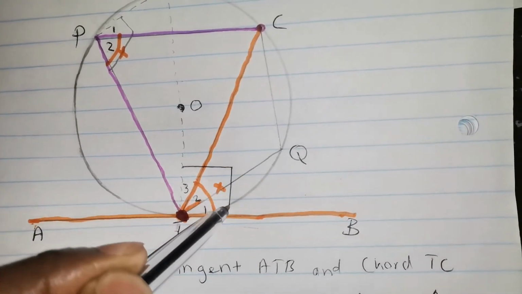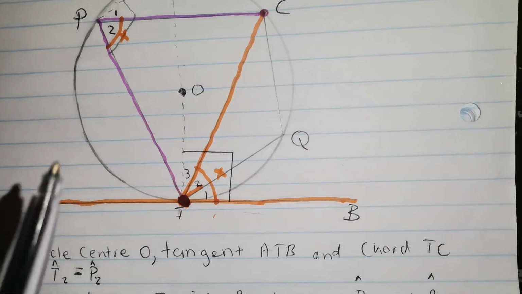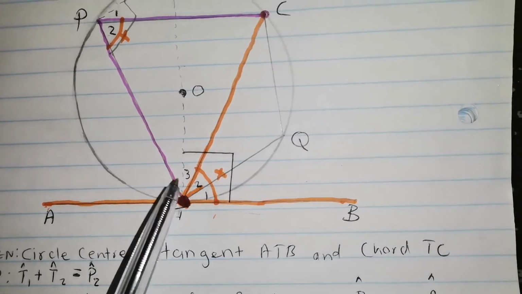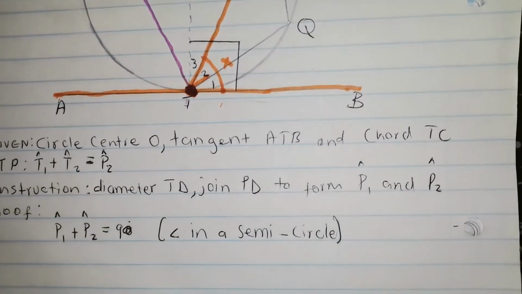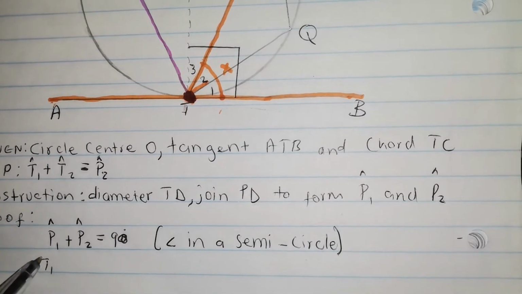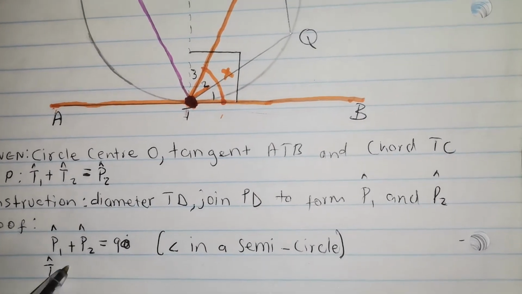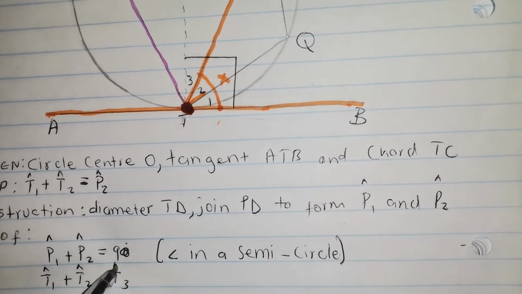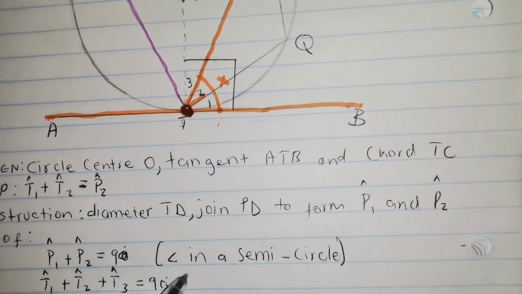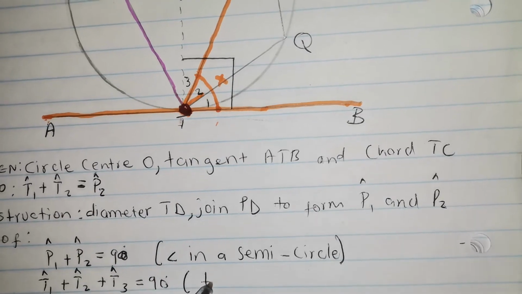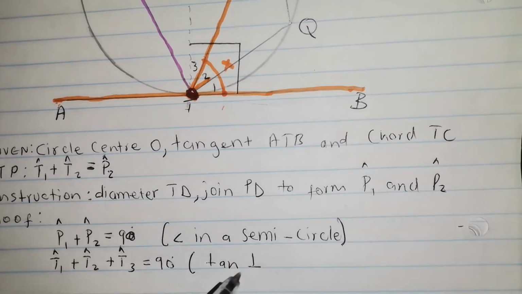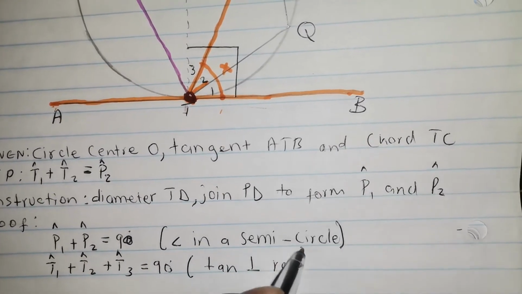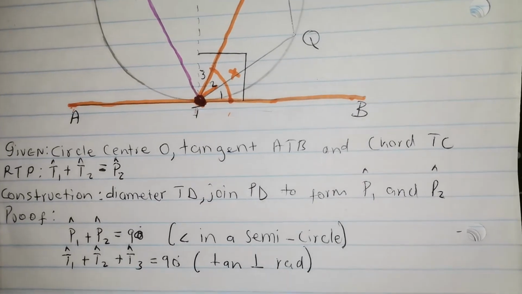If you didn't watch the video, go and watch it to understand why we say T1 plus T2 plus T3 equals 90 degrees. So T1 plus T2 plus T3 equals 90 degrees. Reason? Tangent perpendicular to radius. I hope you clearly understand, guys.